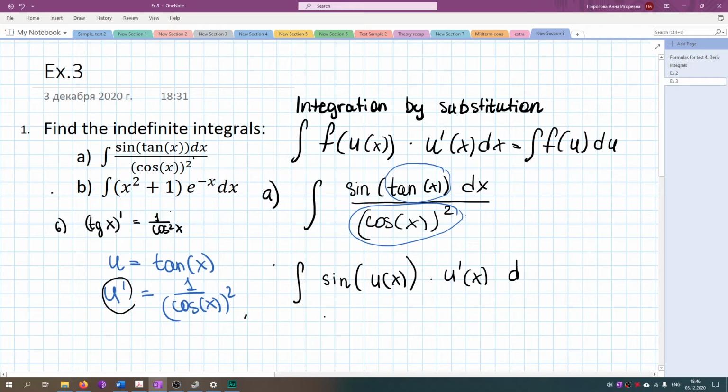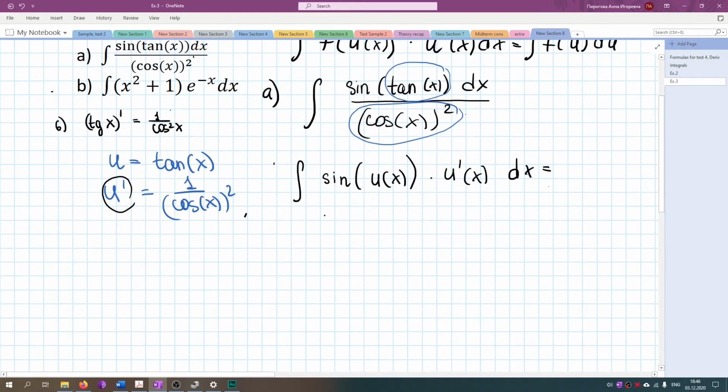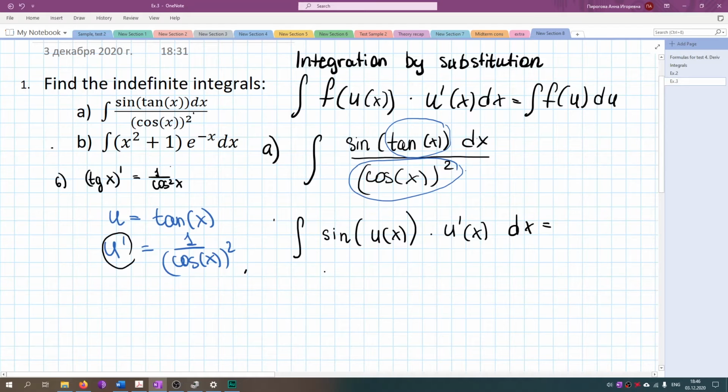And if you can notice, our expression is very similar to this one. So we have u and derivative of the u function. So now we can just write sine u du.